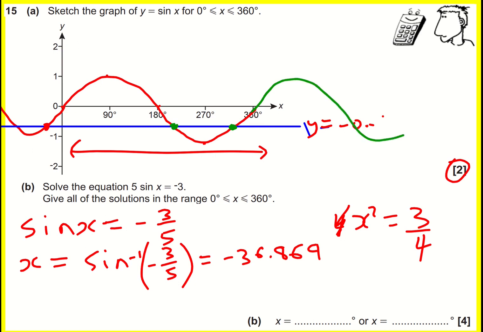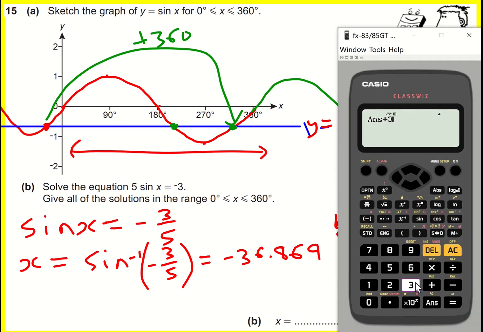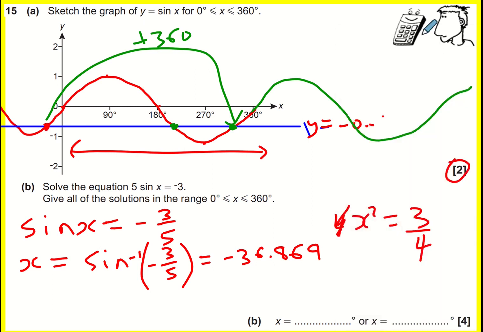Okay, sine actually carries on like this forever. So this is what happens with sine. And we say it has a period of 360. It repeats every 360 degrees. And that essentially finds us the first proper solution, because to go from here to here, I add 360 degrees. So if I take my minus answer and add 360 degrees, I get 323.13.